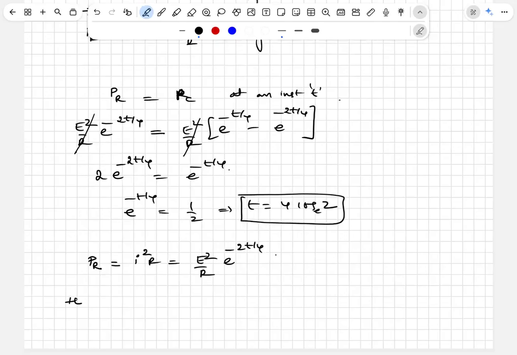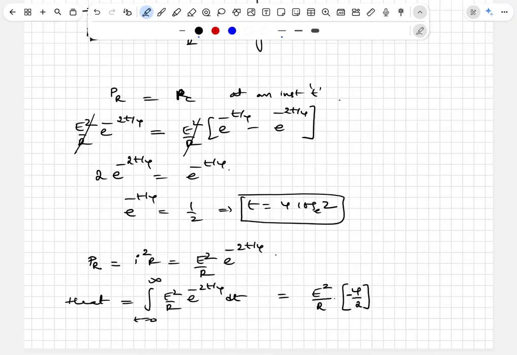So the total heat delivered is the integral of E square by R e to the power of minus 2t by tau dt, from t is equal to 0 to infinity. Yes, please help me in writing this. E square by R is constant. Minus tau by 2 is constant for integration.